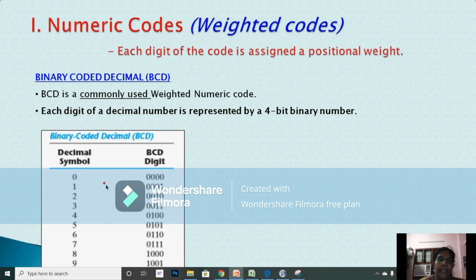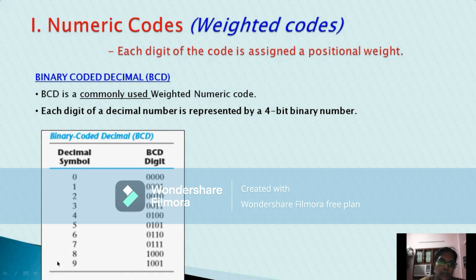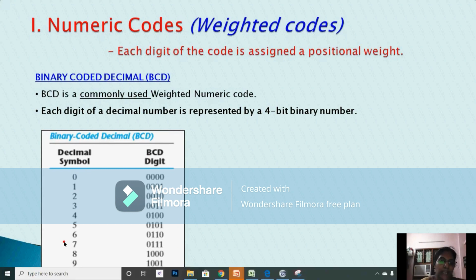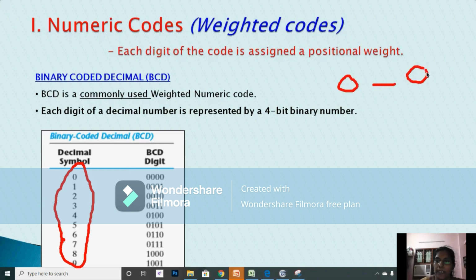Understood? That is why in BCD representation we say that 0 to 9 only is valid BCD. Why do we say that? Because only 0 to 9 are single-digit decimals.